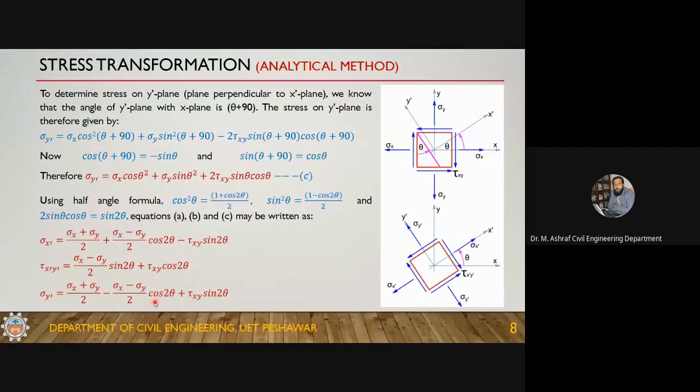The other thing is that at the time when Mohr developed the graphical solution for the stress transformation, this formulation was developed before the Mohr circle. At that time there was no calculator.